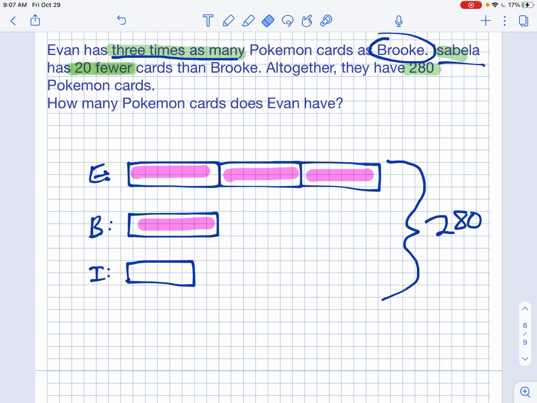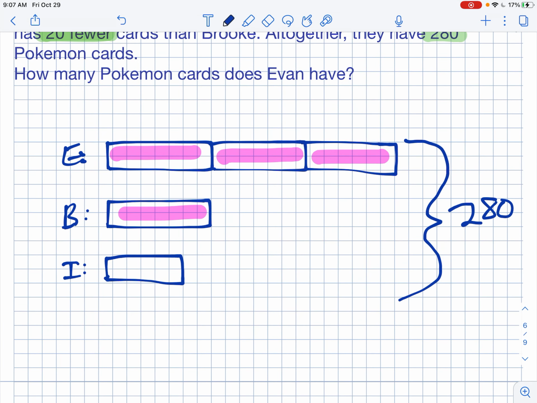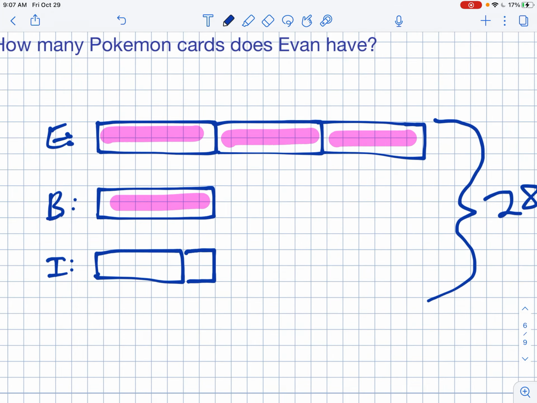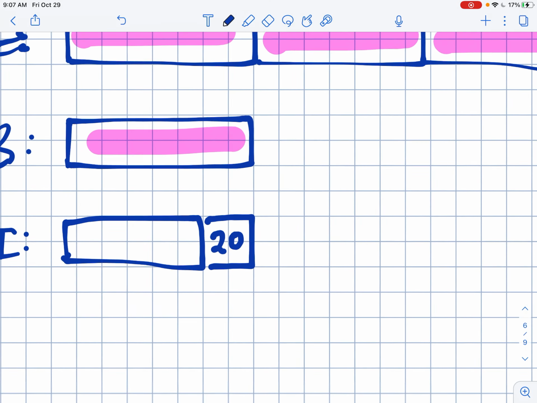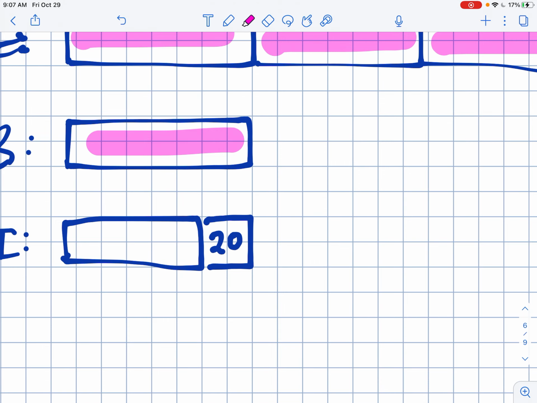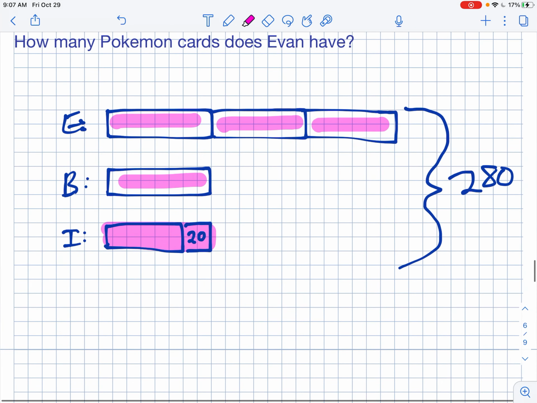So, how can I make Isabella's block the same size? I can kind of pretend to give her 20 because we were told that she has 20 fewer. So here's 20 that Isabella doesn't actually have. But in order to give myself even size blocks, I'm going to kind of loan her those 20.